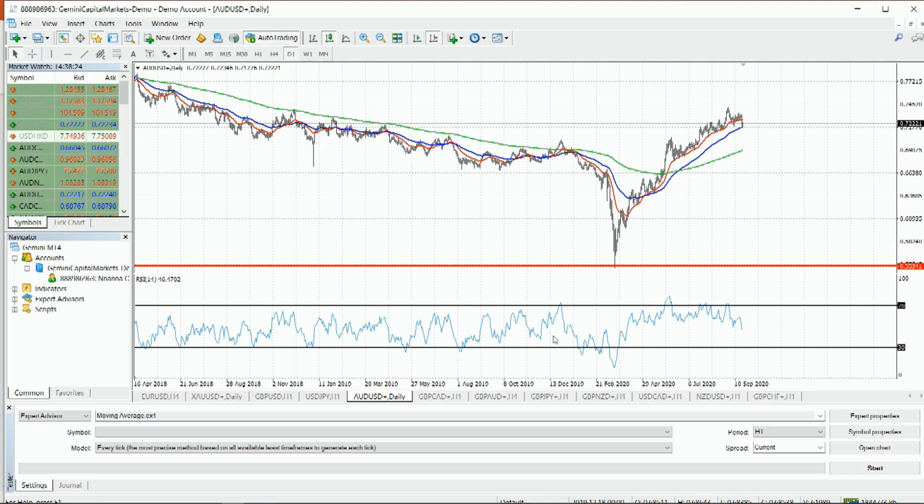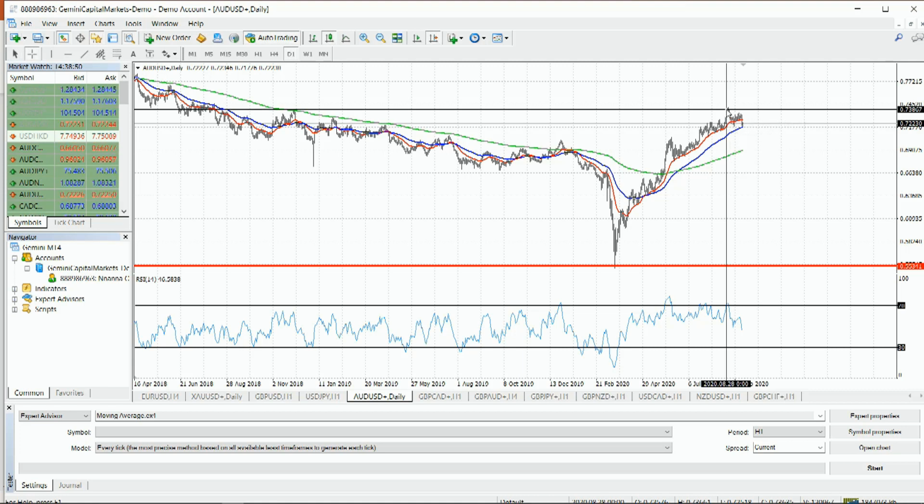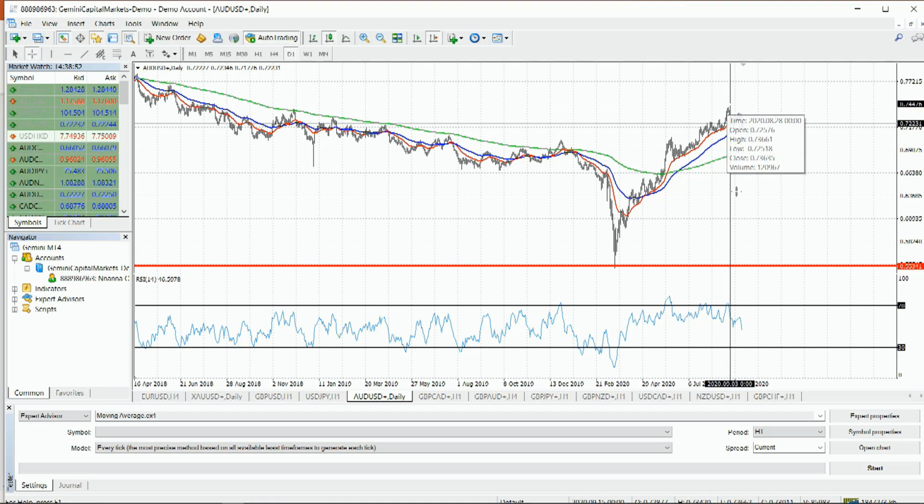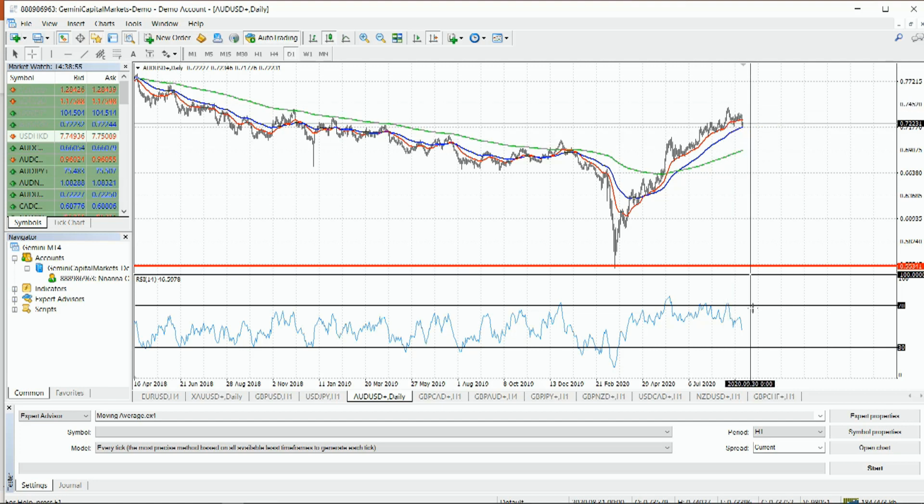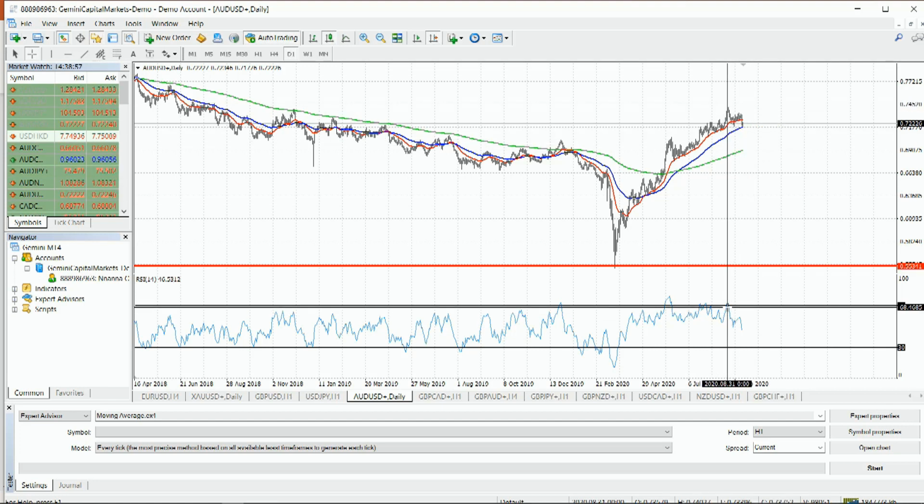Now, this is how you can use it in your chart. Once you have it set up, you can look at where price is. For example, if you were looking to buy, remember our overall trend of this market is that the market is still in an uptrend. But if you're looking to buy this market and you just take your trade and buy here, this price is too high. If you follow my crosshair, you can see where the price is in relation to the RSI.